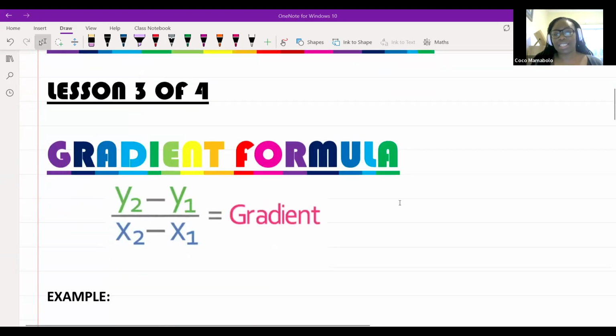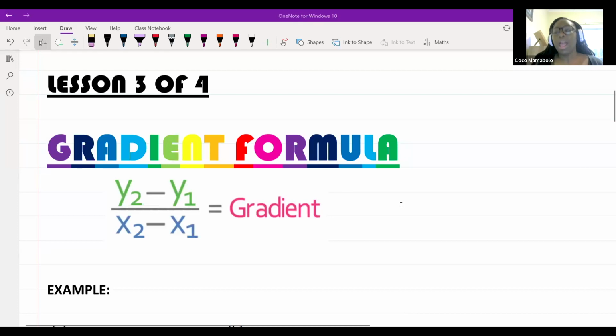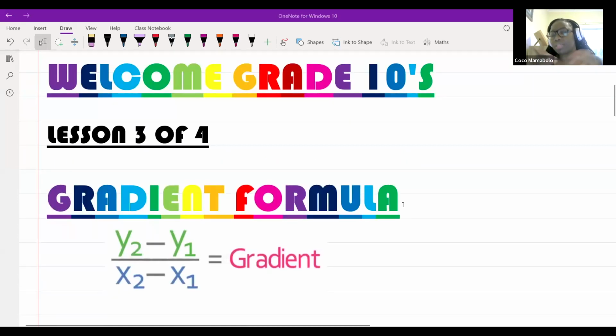All right, let's start with the gradient formula. Apart from analytical geometry, where else have we seen the gradient? Who can tell me? Where else have we seen a gradient before? Anybody?